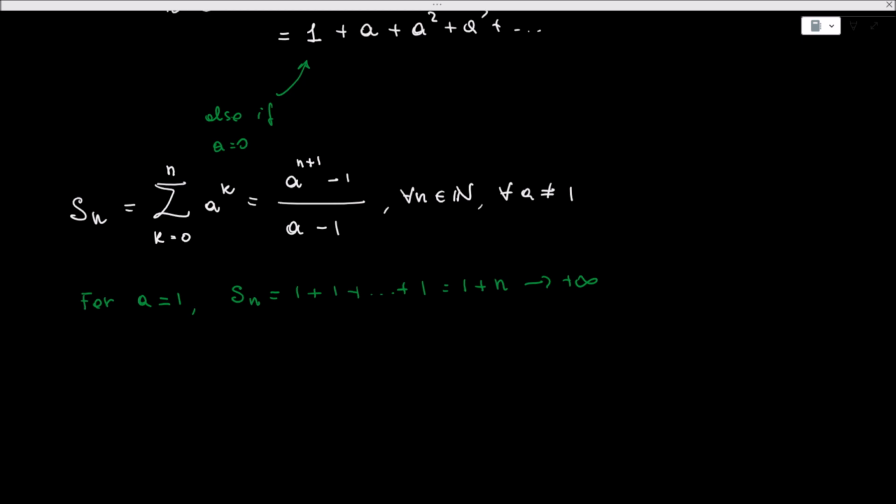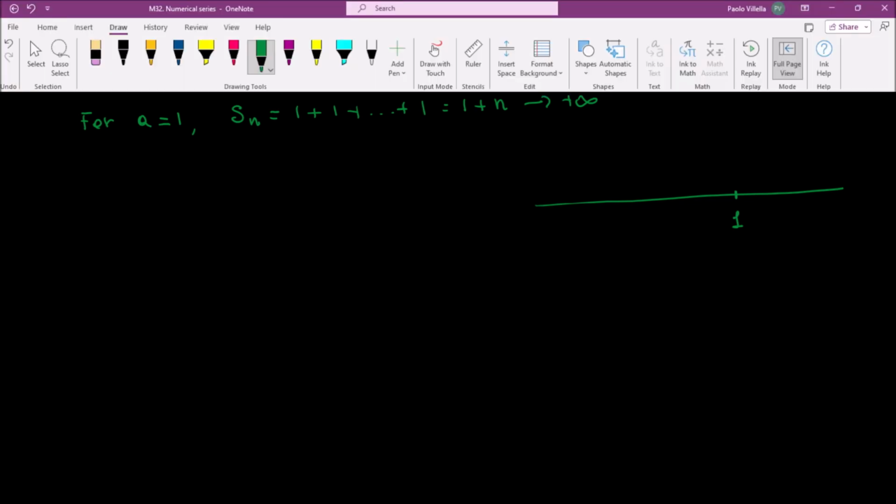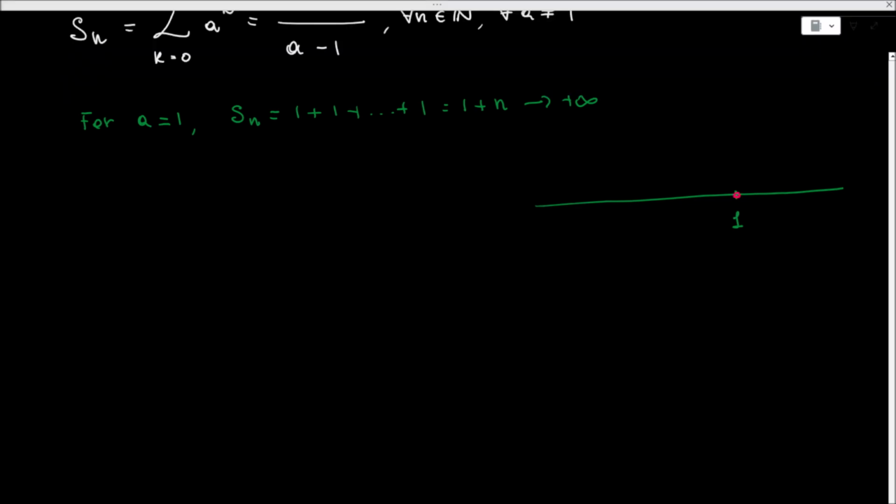However, from now on, let's see what is the different behavior of a geometric series depending on the value of a. Let's make just a representation here of all possible values of a. We saw that if a is equal to 1, in that case we have plus infinity.